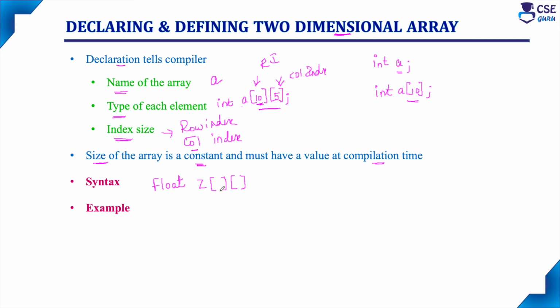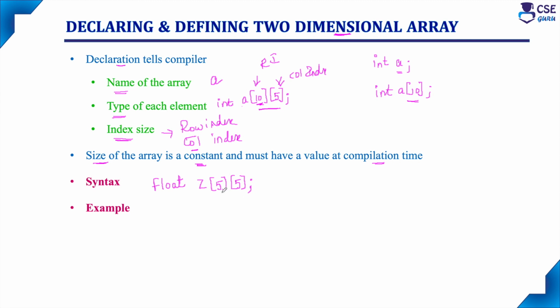The first square bracket represents the row size and the second square bracket represents the column size. Within the first square bracket, we have to specify the row size, and within the next square bracket, we have to specify the column size. And this declaration should end with a semicolon. So this is the syntax for a two-dimensional array.